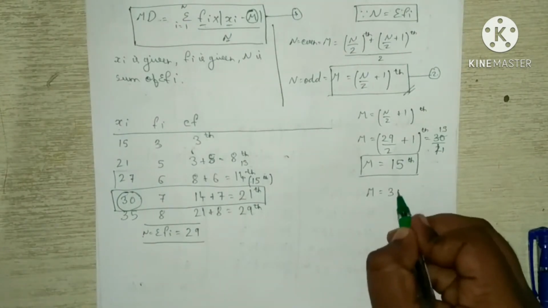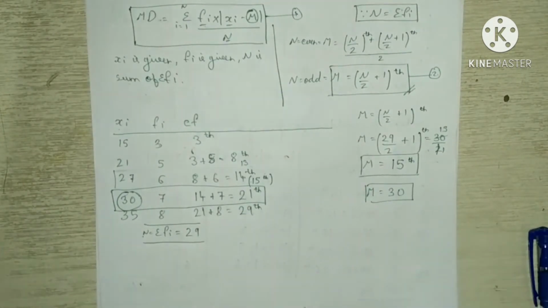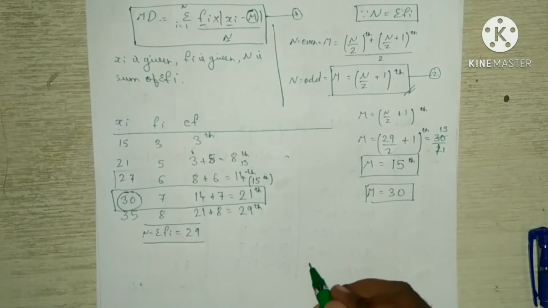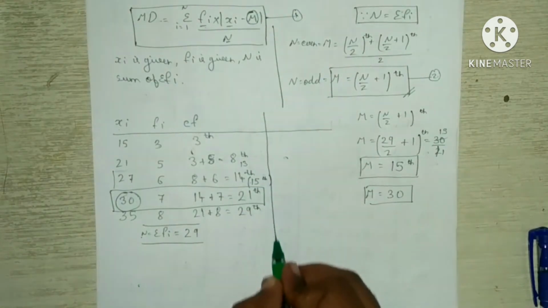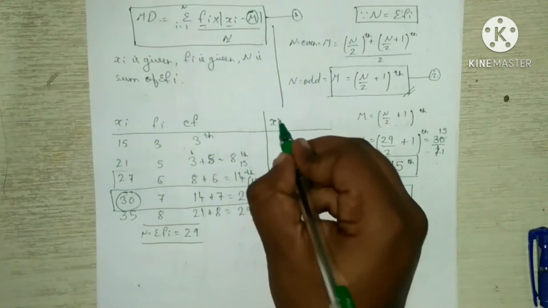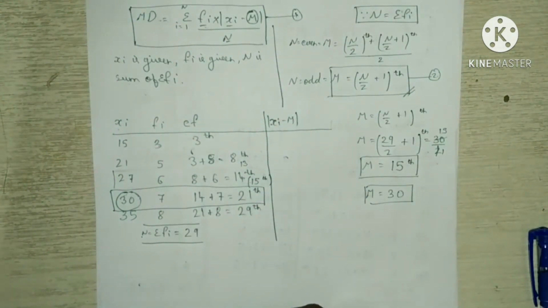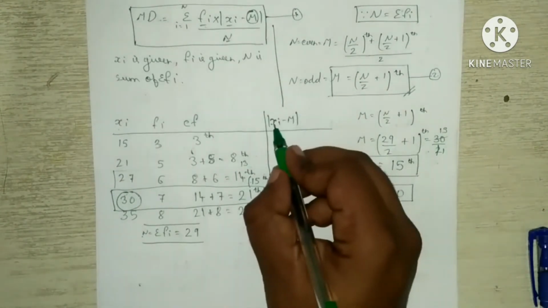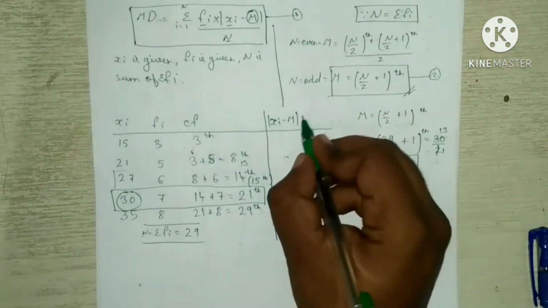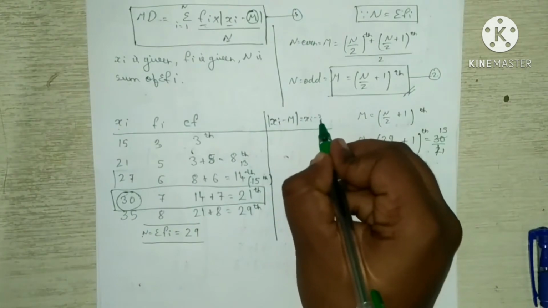Median is equal to 30. Now we need to find xi minus m, which is xi minus 30.